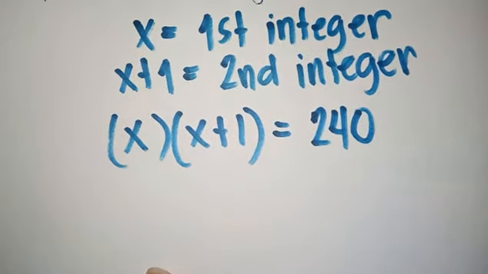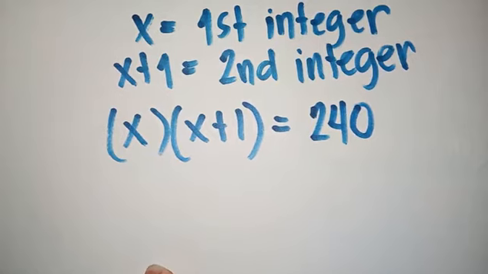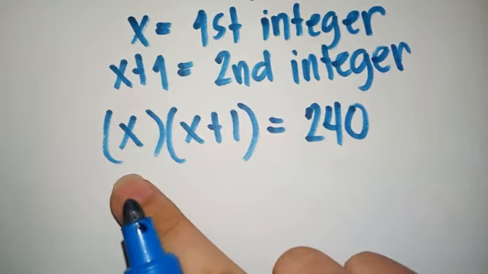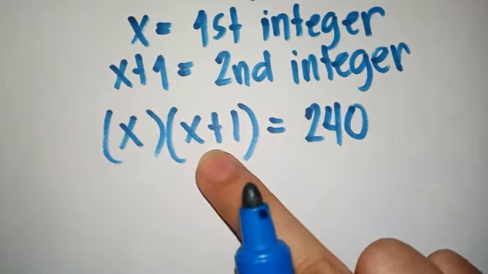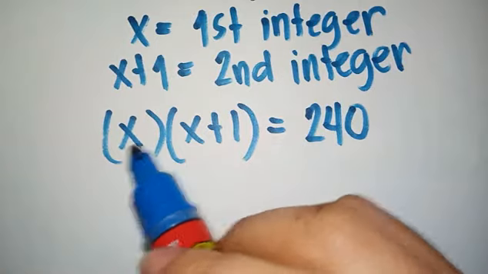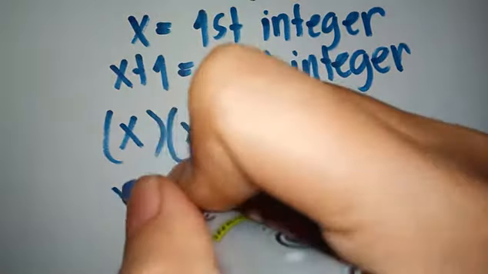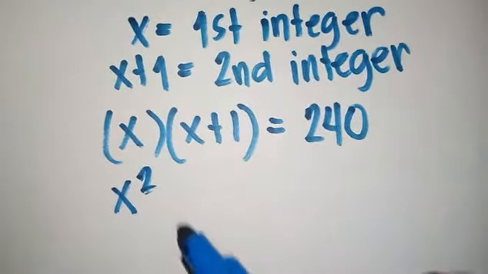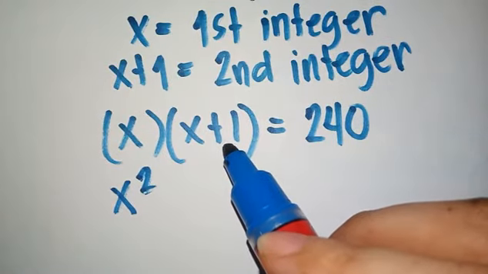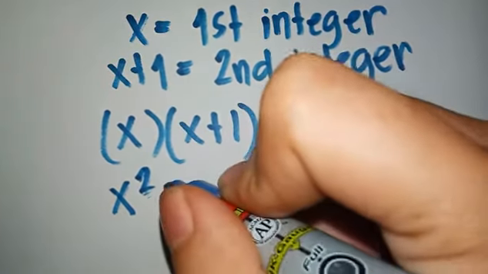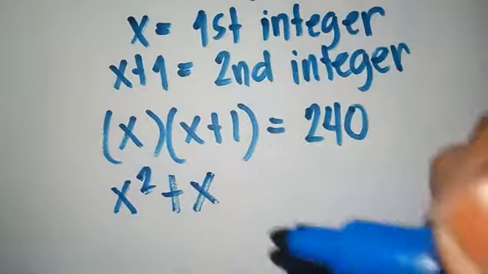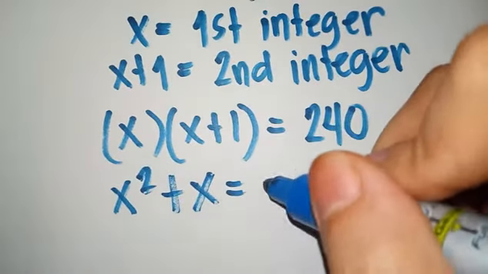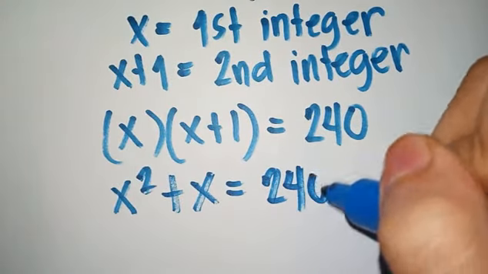Okay, so after that, pwede na natin siyang i-solve. So ito, i-distribute lang ulit natin sa ating x plus 1. So we have x times x will give us x squared, then x times positive 1 will give us positive x, then we have now is equal to 240.